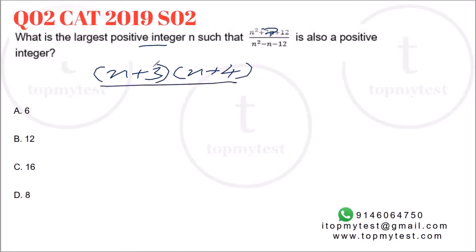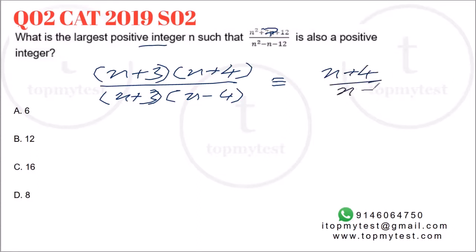The denominator n square minus n minus 12 can be split as n plus 3 into n minus 4. This will be equivalent to n plus 4 divided by n minus 4, where n is not equal to minus 3, because if we put n equal to minus 3, it will become 0. It cannot take n equal to 4 also. N cannot be minus 3 or 4. It can take any other value of n.